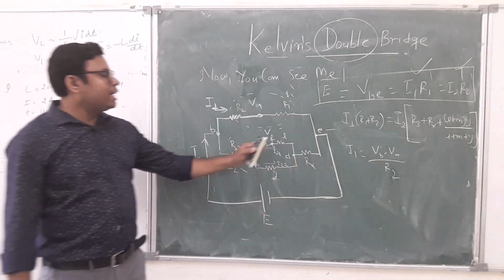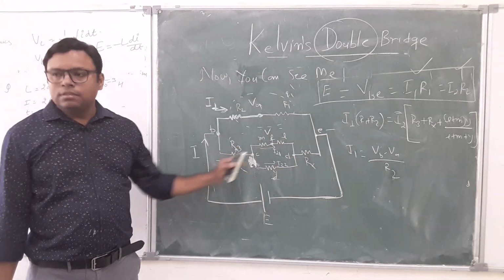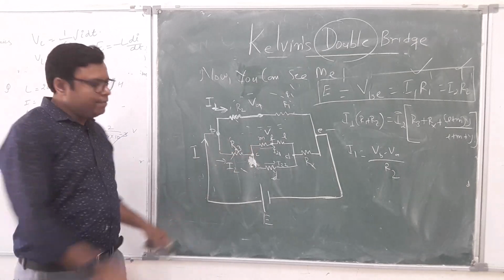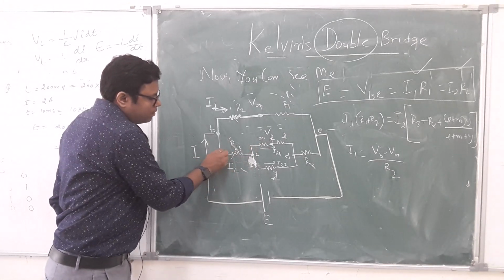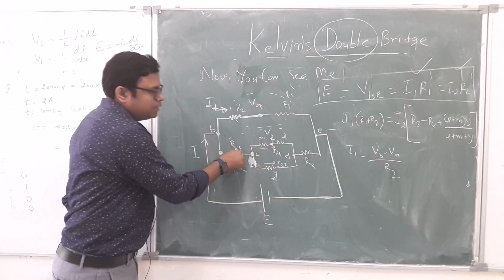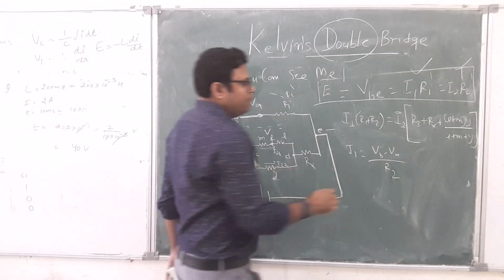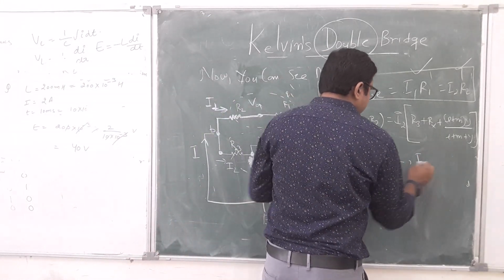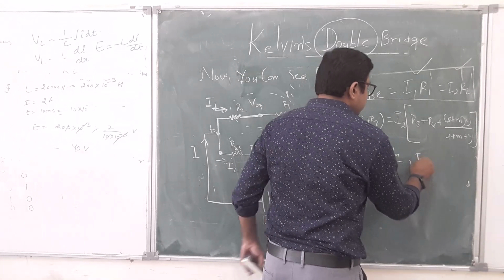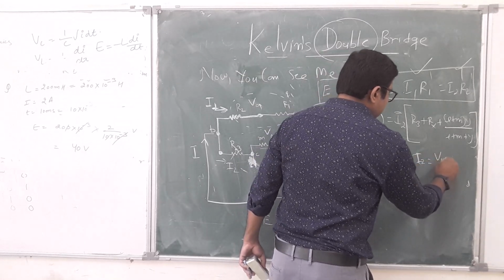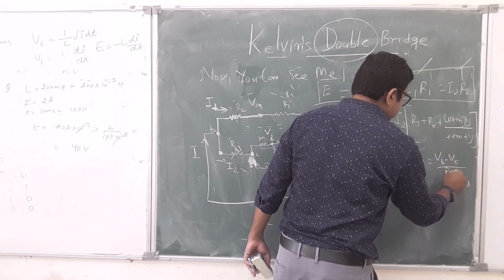So directly I cannot relate VB minus VF. So I will write I2: I2 is VB minus VC by R3. I will keep this. I2 is VB minus VC by R3.